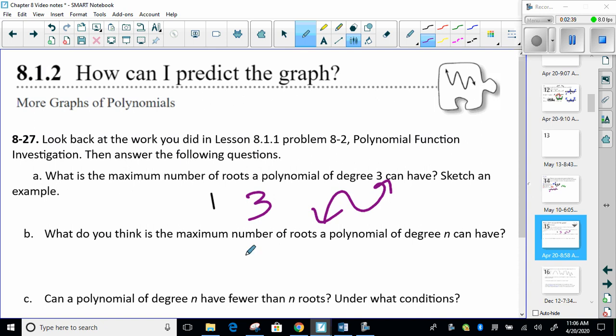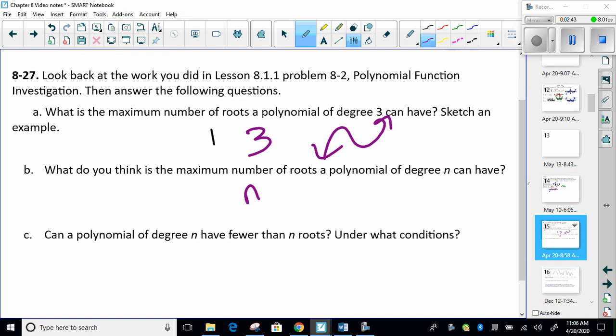So therefore, if it's degree n, how many roots do you think? n roots. But can a polynomial of degree n have fewer than n roots? For instance, if we had a cubic, could it have only 1 root? Yeah, it just crosses the x-axis at that one spot. That has 1 root. So could a polynomial of degree n have fewer than n roots? Absolutely.